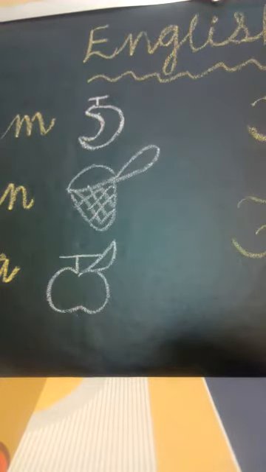So before that, once again we will write how to write these letters. These are the letters you have learned, along with the small cursive letters. Once again we will write in the 4-line copy.